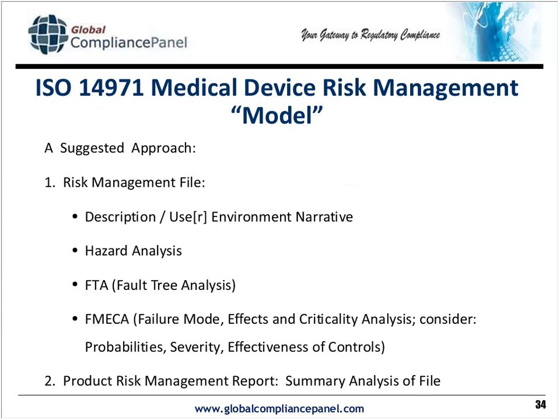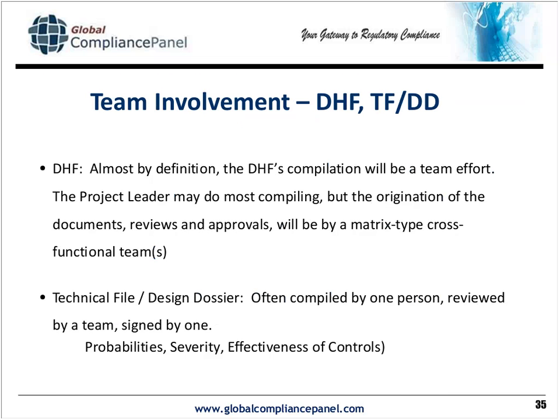Generally, you have one for design, one for the process for manufacturing, and one for the use of it. Although all of them ultimately should drill down in terms of severity to the severity of failure upon the user, whether it be the patient or the clinician.